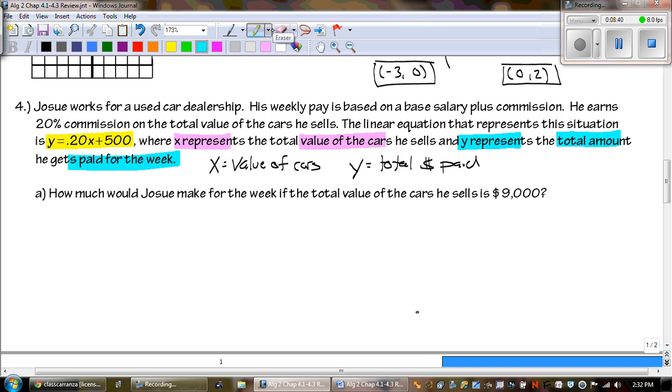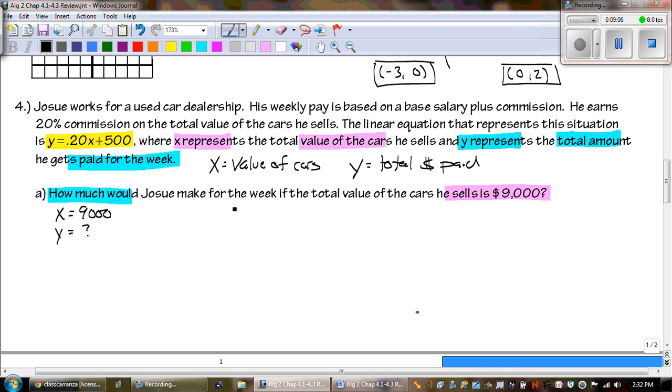So it's saying how much will he get paid if he sells $9,000? So did they tell us the x or the y? Well, they said the value of the car, so that's the x. The x is 9,000, and I don't know what y is.